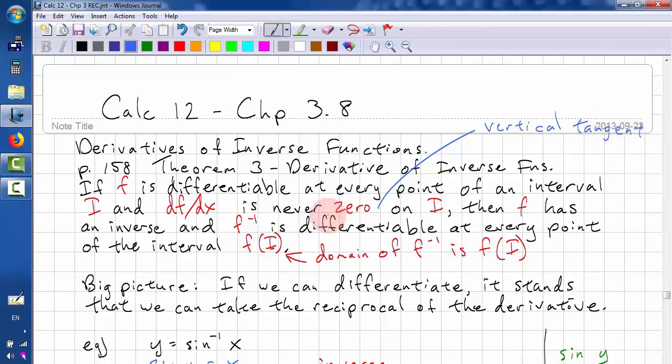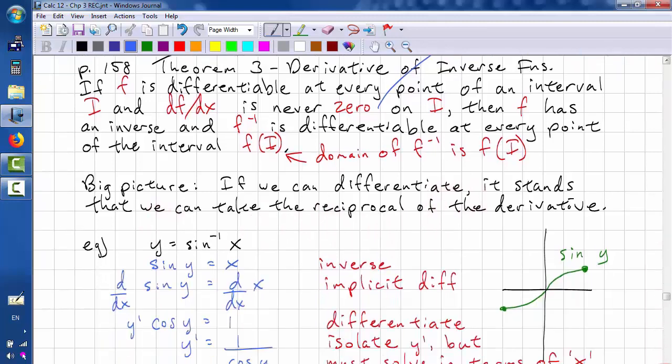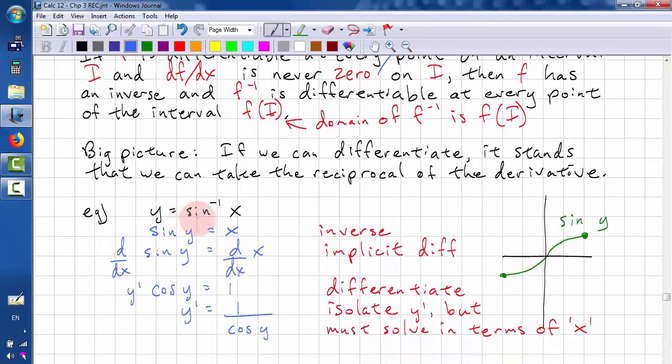If it's 0 for f, then it becomes a vertical tangent for the inverse. Okay, big picture. If we can differentiate, it stands that we can take the reciprocal of the derivative. And what inverse functions are we interested in? Well, we're interested in the inverse trig functions.